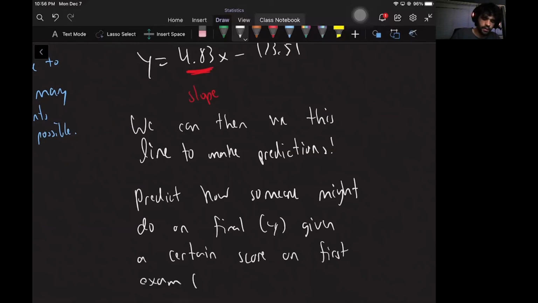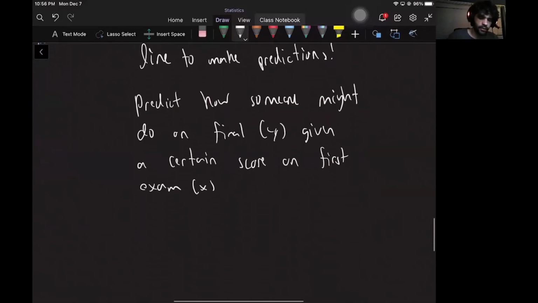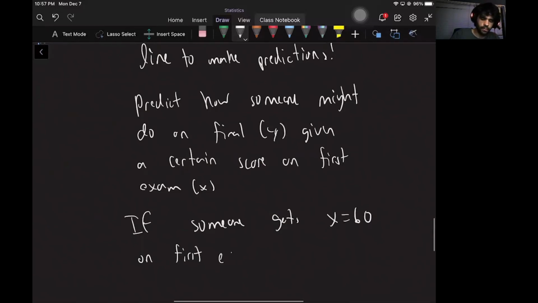That's going to be their x value in this line. So for example, someone gets a 60 on the first exam, that's your x. And then we predict y just by plugging it in.